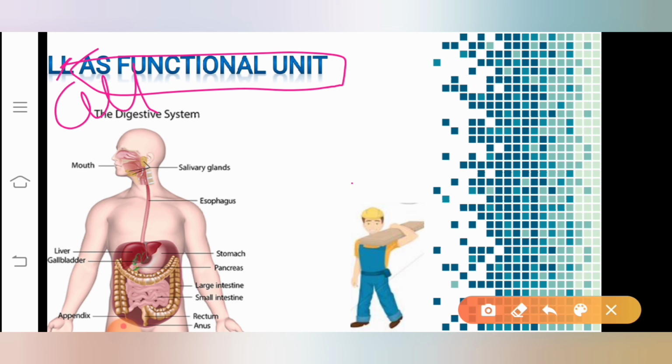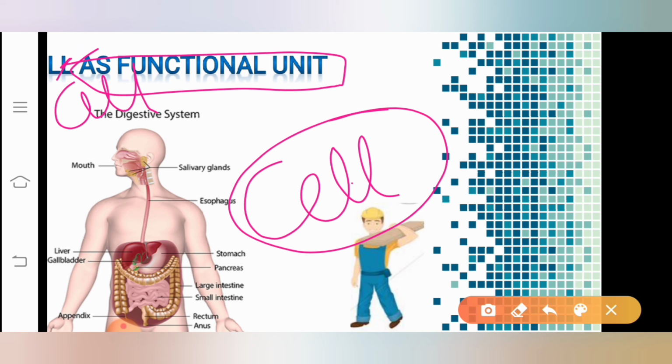Correct? Because when we perform any type of activity with the help of our muscles or whatever it may be, the basic function arises from the cell. The cell is helping to perform the functions. Whatever functions we perform, that function is being performed with the help of cells, with the support of cells. Correct?